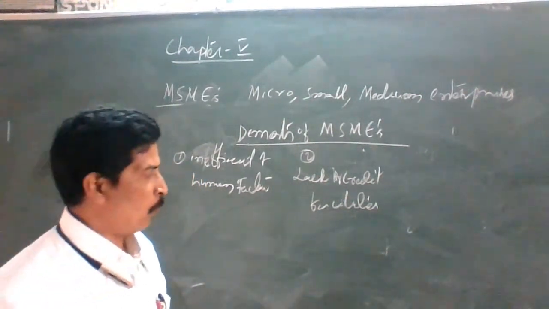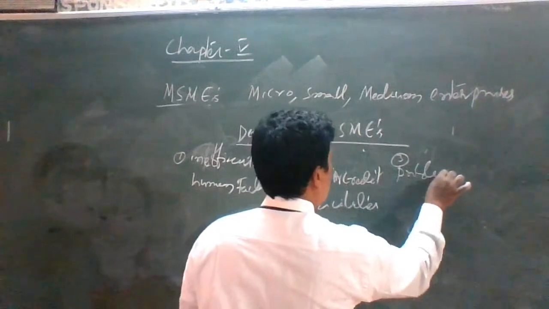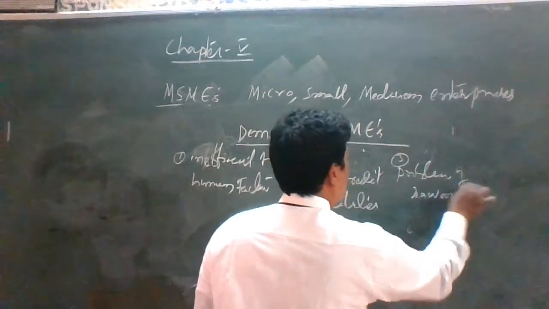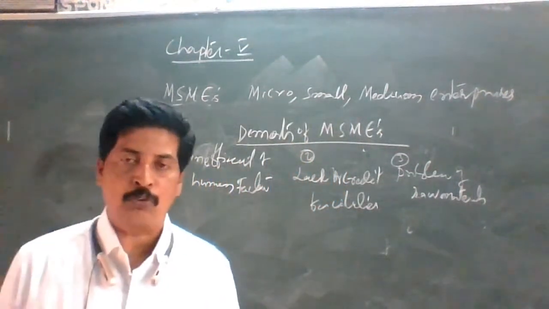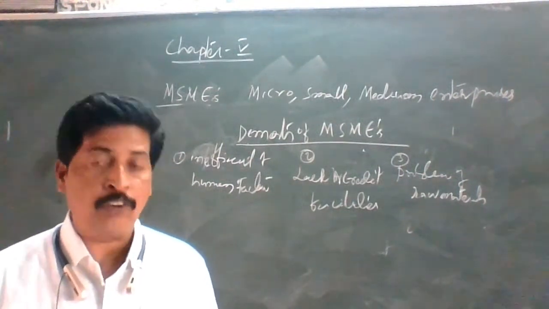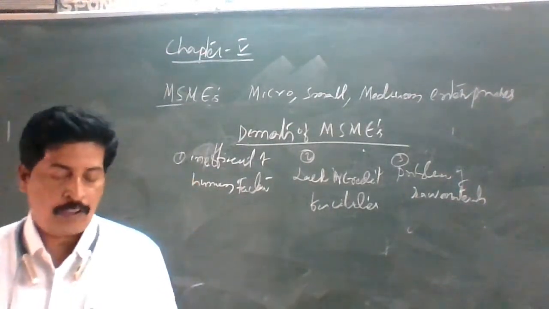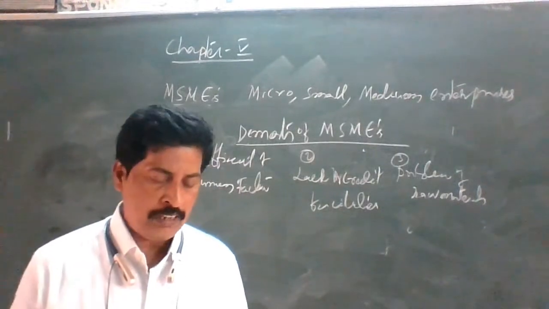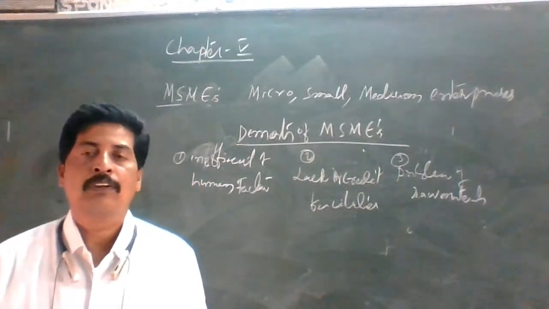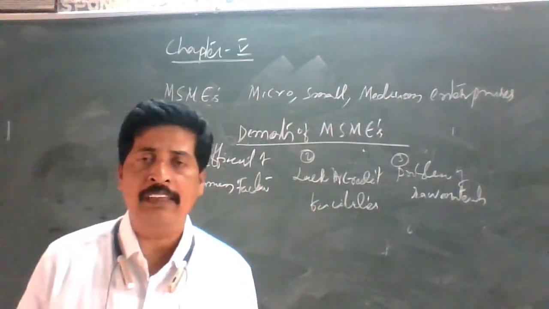Then the third one is the problem of raw materials. Generally, the quality, quantity and regularity of supply of raw materials are highly unsatisfactory, and the cost is very high, since they purchase small quantities.